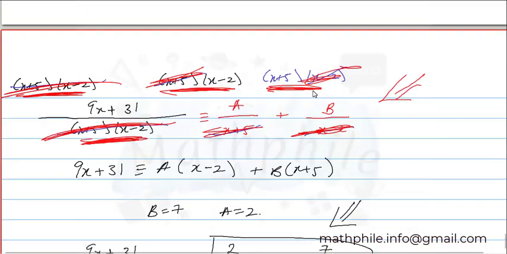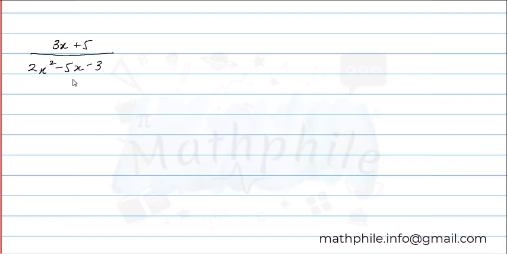Let's see if you can solve this one for me. We've got (3x + 5) over (2x² - 5x - 3).